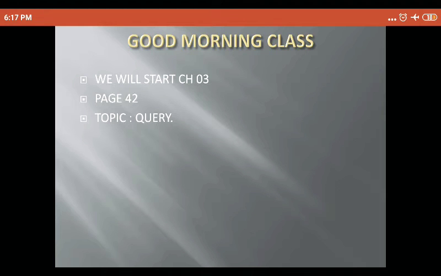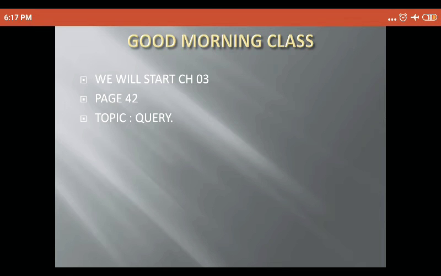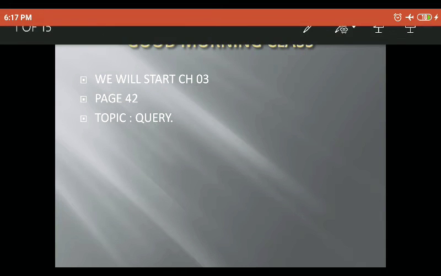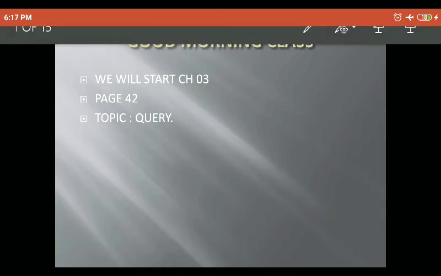Or you can also close your database with the help of the close button present at the right extreme. We also learned how to open an existing database. Go to the File tab, select Open, select Recent and browse the file which you want to open.